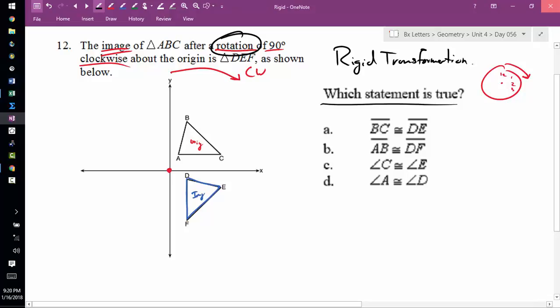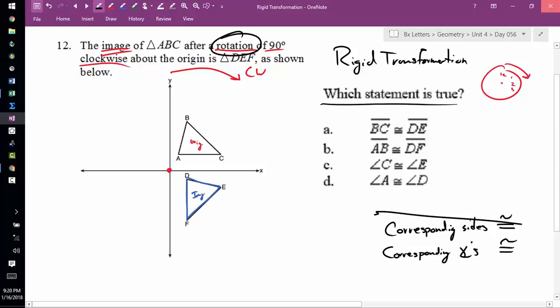That means corresponding sides are congruent and corresponding angles are congruent. If this was a dilation, sides would not be congruent, only the angles would be.